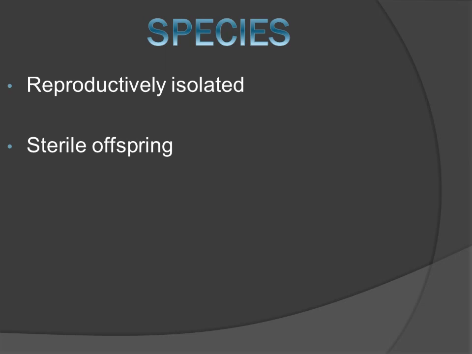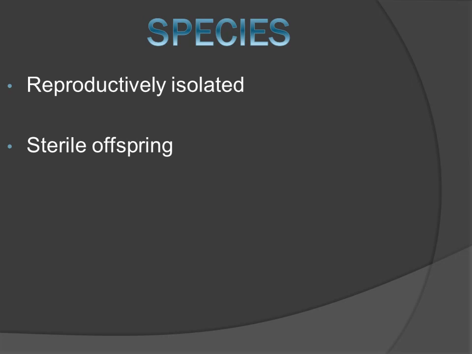In certain cases, closely related species also will cross each other. When closely related species cross each other, it produces a young one, but the young one will be a sterile offspring. It cannot produce a young one again. That is called sterile. Right?